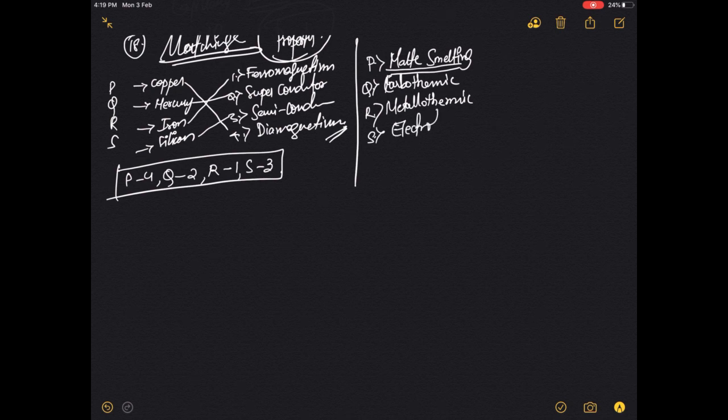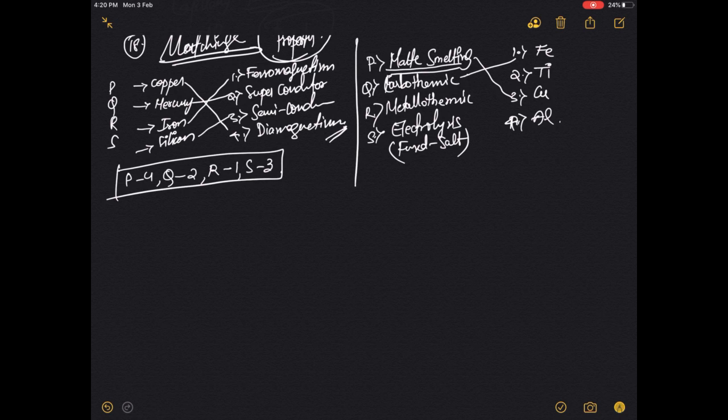I think Hall-Heroult or fused salt electrolysis they gave. Yeah, I think it's fused salt electrolysis. And the options are iron, titanium, copper, and aluminium. So again, this is pretty straightforward. So matte smelting is used for copper, carbothermic reduction is done for iron, metallothermic for titanium, and electrolysis for aluminium. So here you see P3, Q1, R2, and S4.